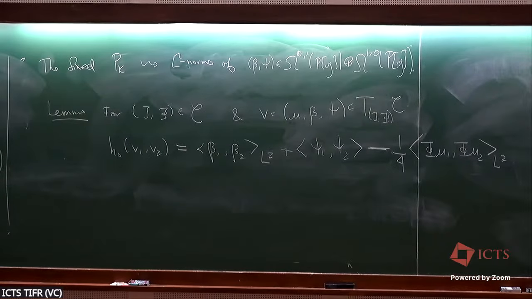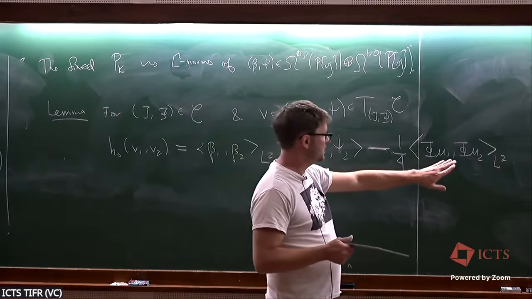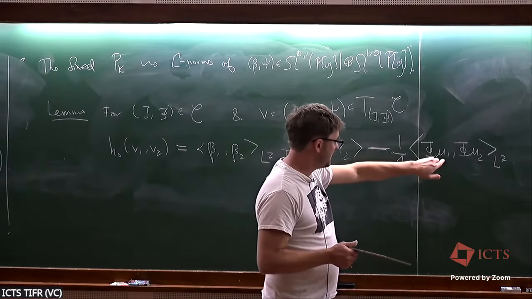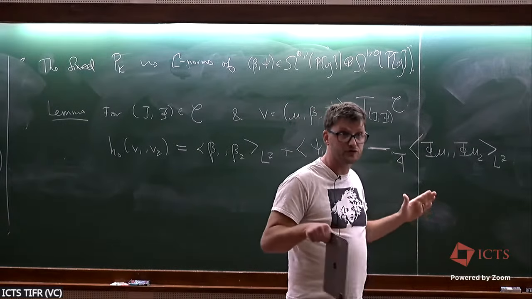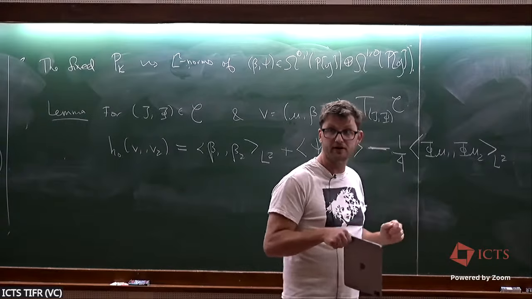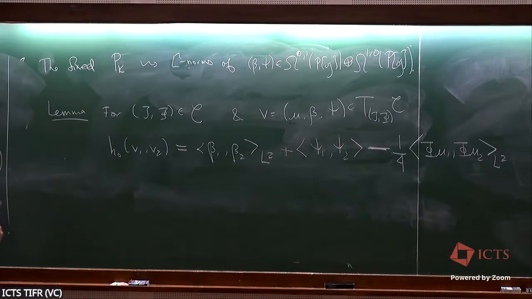Great. And it basically comes from the fact that these are 0, 1 forms and not 1, 0 forms in the order in which they appear in the wedge product. Okay.